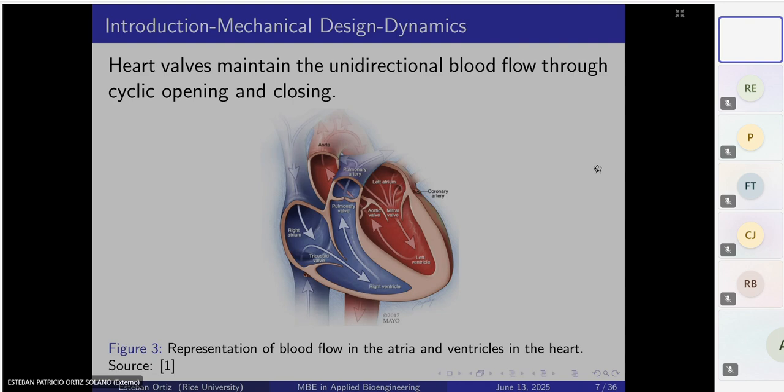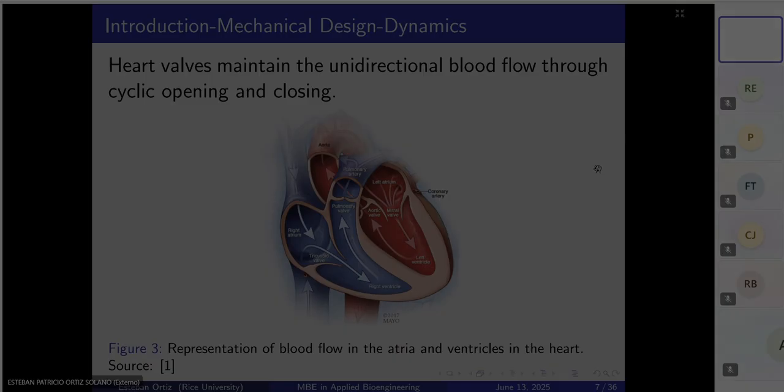For that reason, the aortic valve endures a lot of stress, and at a specific age, if you don't have good health and a good lifestyle, maybe you are going to need this kind of replacement. I just want you to keep in mind that the main mechanical parameter that opens the valves is the difference in the pressure gradient.